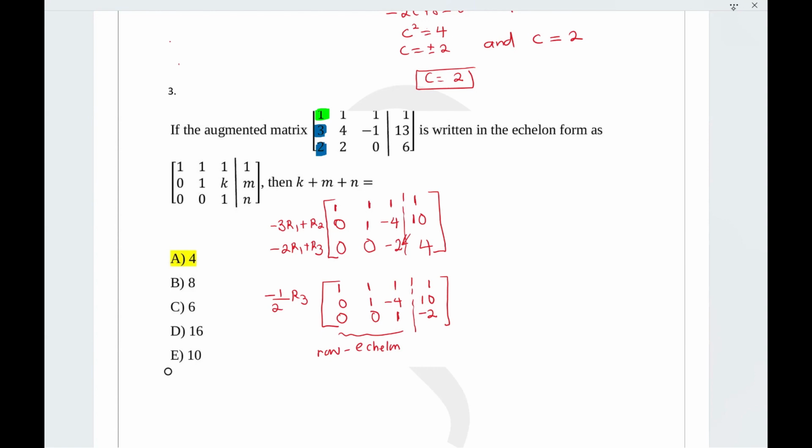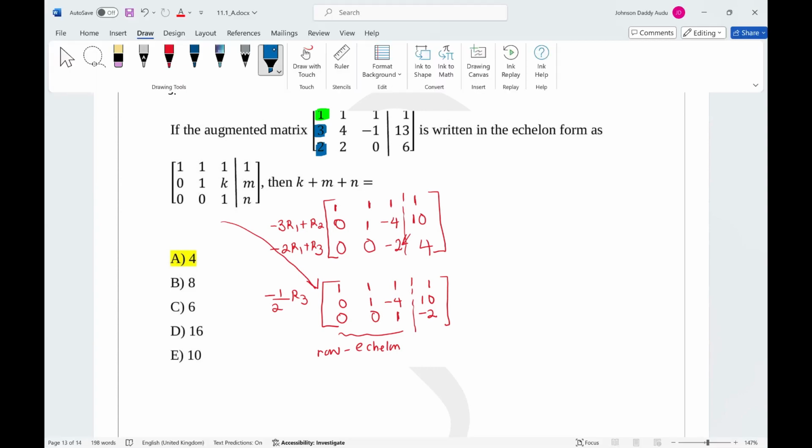So we now need to compare it with what you have. We want to reduce it to something like this. So compare this and this one. You can see that these are the values that we need here.